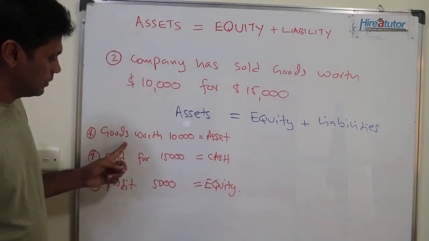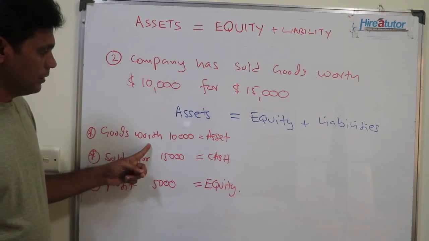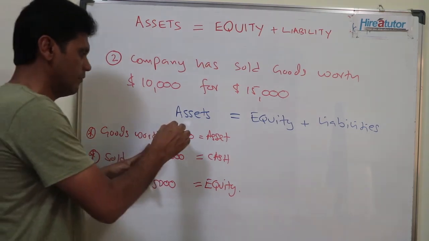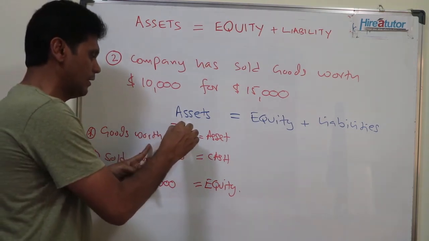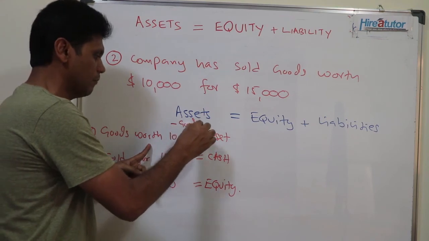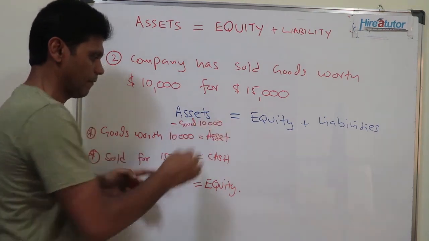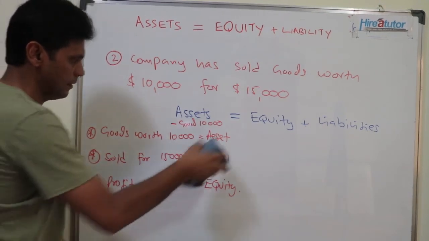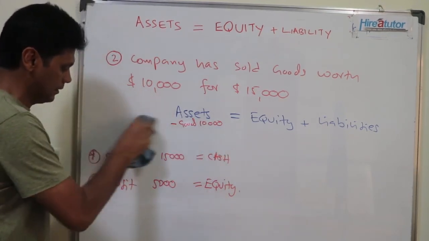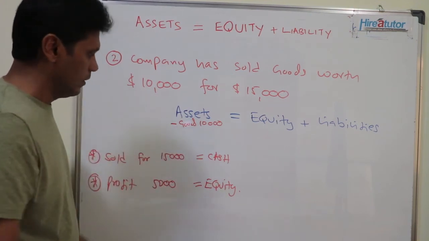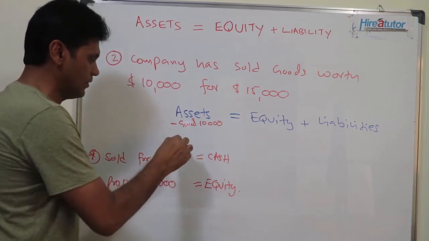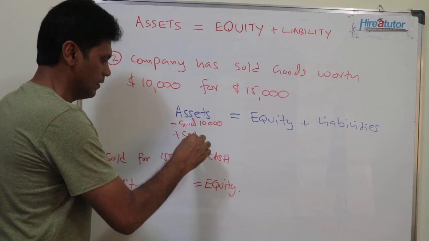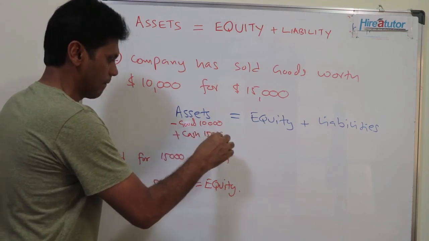So since goods are sold, your asset will reduce by 10,000, goods minus 10,000, and the second impact is the company will receive cash of 15,000.